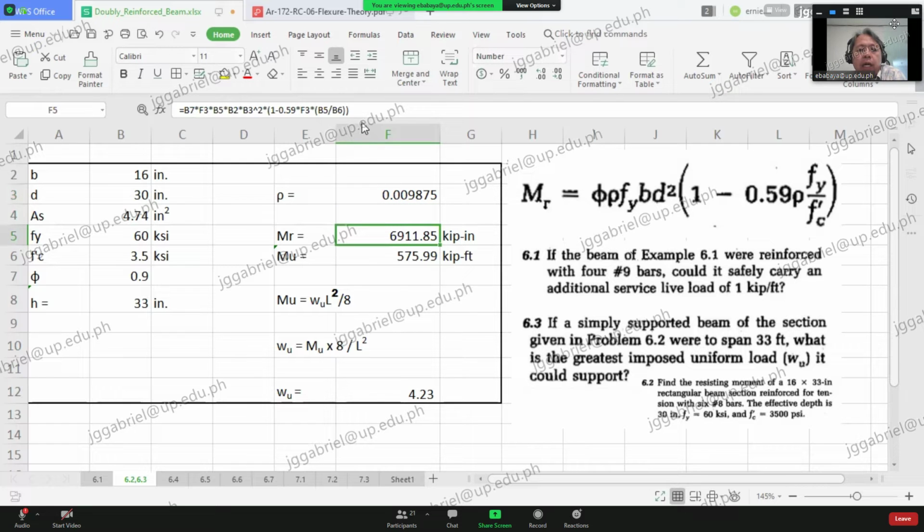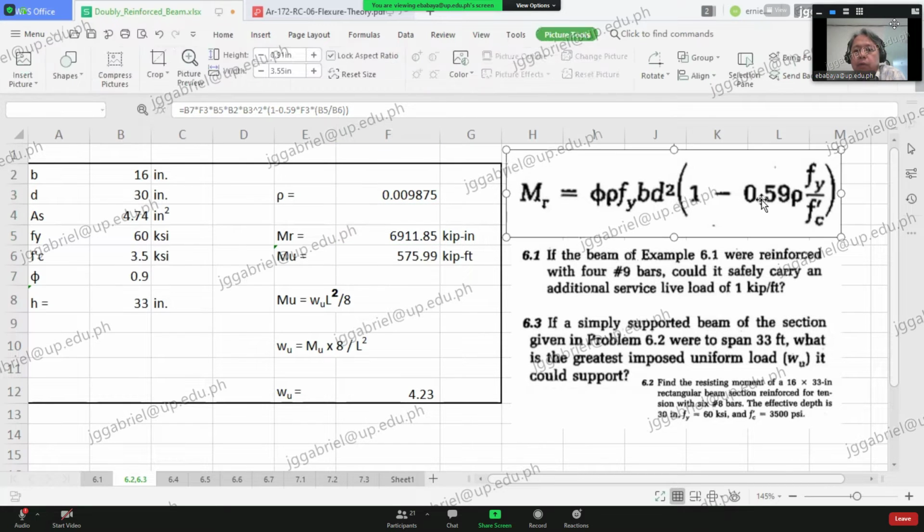Applying the formula, phi is 0.9, rho is 0.009875. Just call it from the formula.